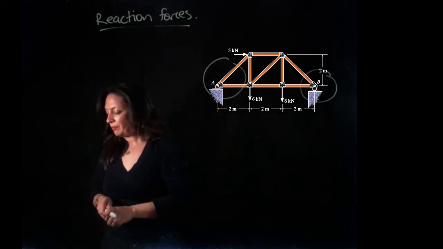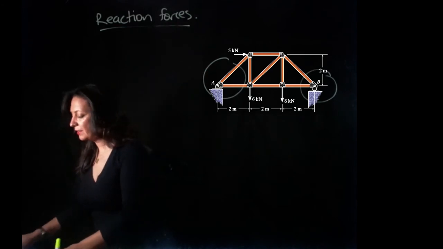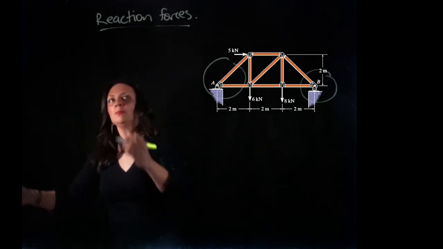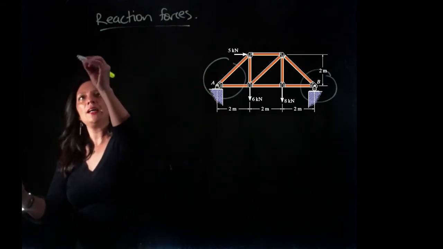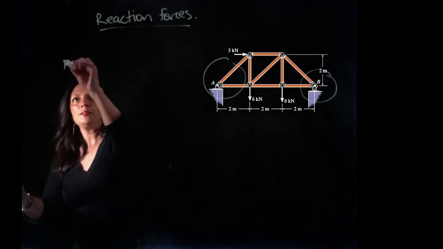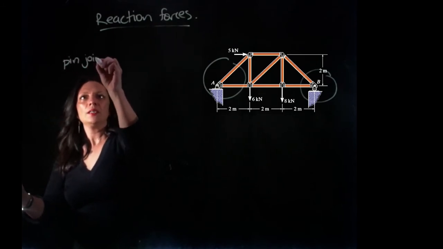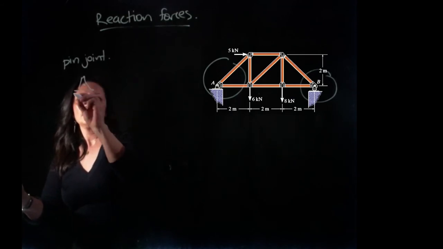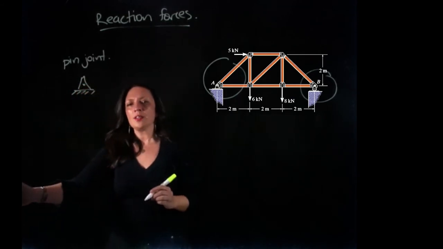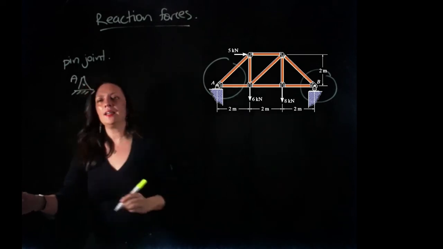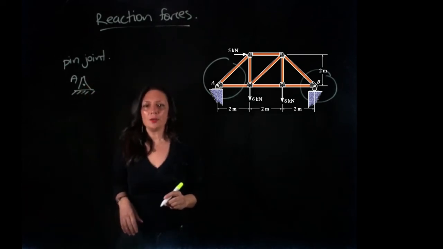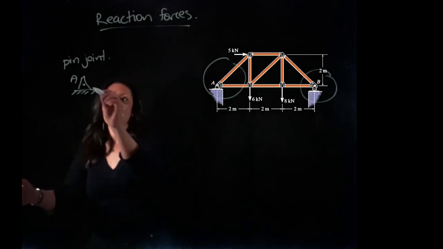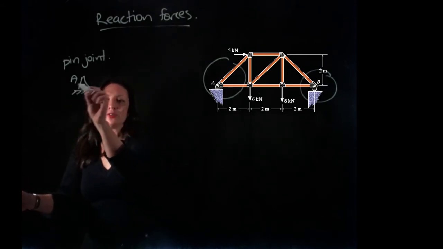So here at A, we have a pin joint, and it looks like this. Call that A. So what's going on at a pin joint? At a pin joint, we can't move in the x direction.